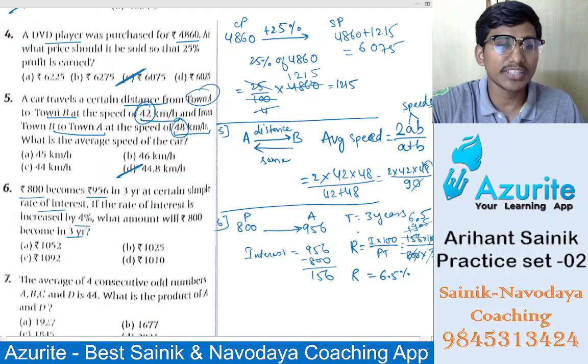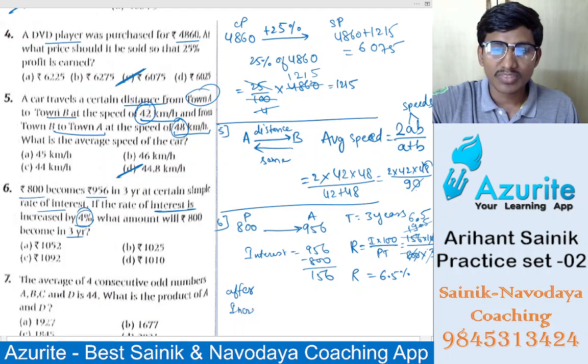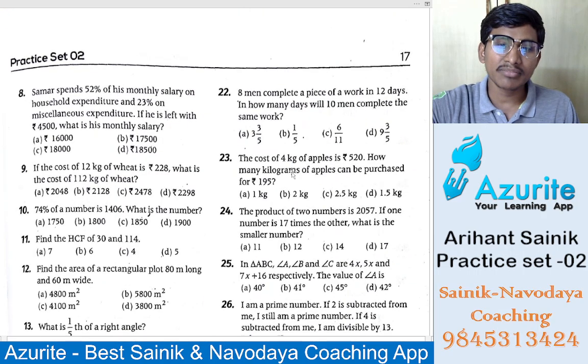Okay, rate of interest. Now after that, what are they asking? Interest is increased by 4%. So increase means we have to add more. So the rate will become 6.5 plus 4, that is 10.5%. Now it became 10.5.